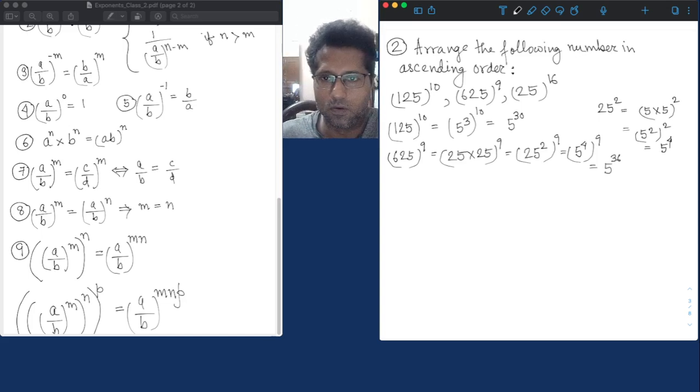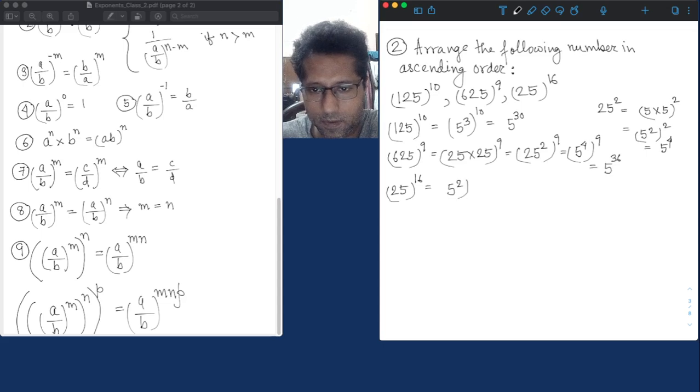Now the last one, 25 to the power 16. Now 25 can be written as 5 square whole to the power 16. This is 5 to the power 16 into 2, that is 32. So we have the numbers as 5 to the power 30, 5 to the power 36 and 5 to the power 32.